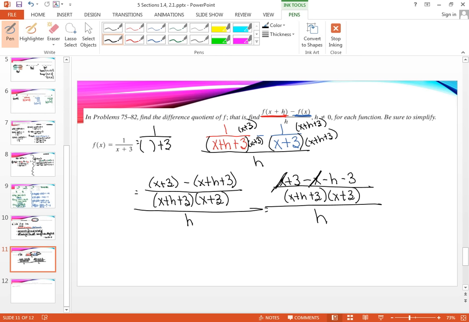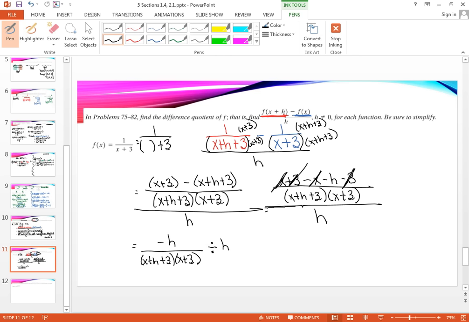Positive x, negative x. Positive 3, negative 3. So what I actually have is negative h over (x plus h plus 3)(x plus 3), look, divided by that baby h.